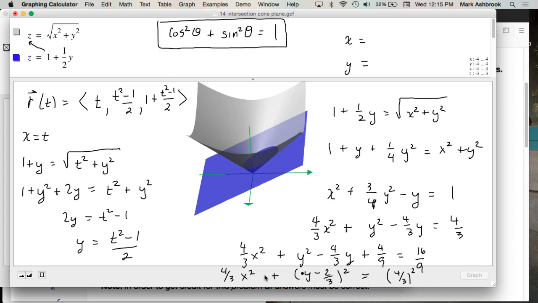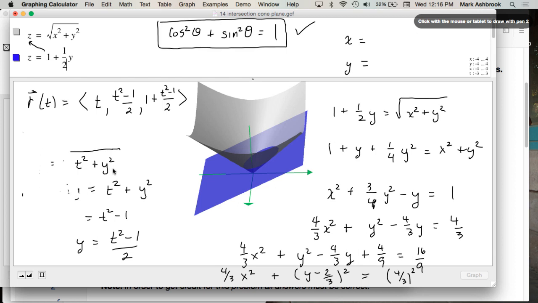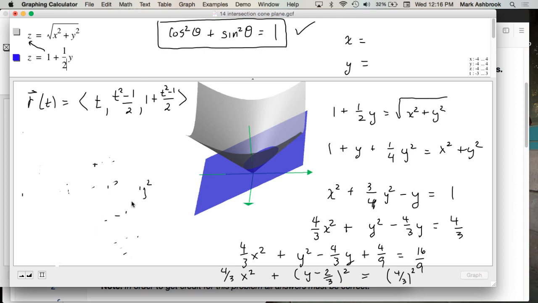Now for an ellipse, we're working towards figuring out what our x and y are in terms of cosine and sine so that this is true. So we need to get 1 over here. So we're going to divide by 4/3 squared, and then we'll be able to get this. Okay.